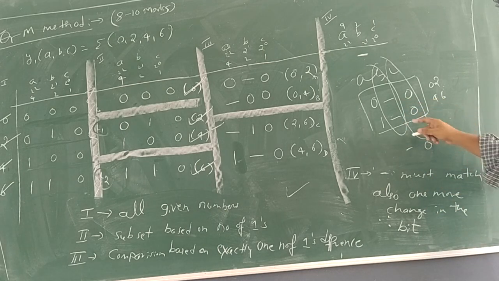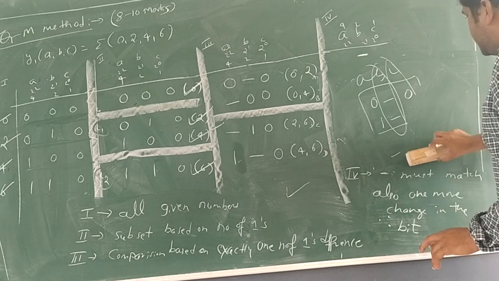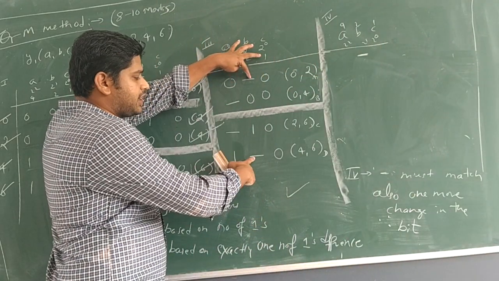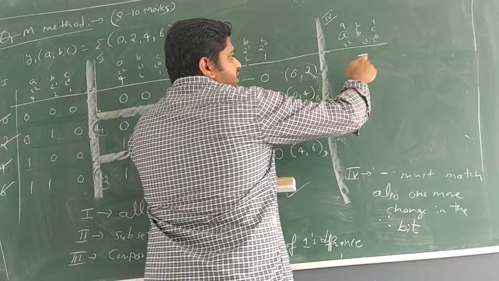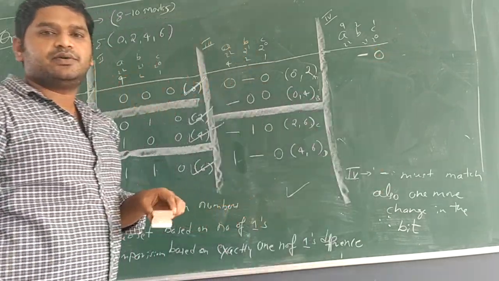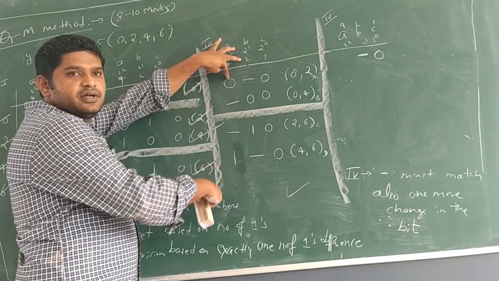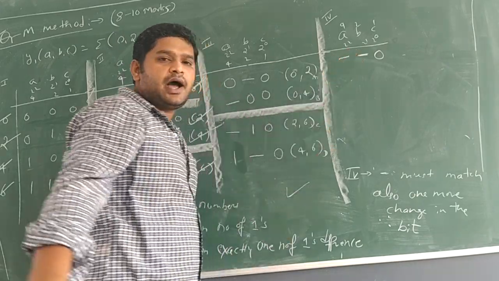What is here? 0. Hence, that will also become hyphen. So here, this hyphen and this hyphen matches. This 0 and 0 matches. Hence, C position will be 0. What about A position? 0 here, 1 here. If we get 0 and 1, we have to write that as hyphen.